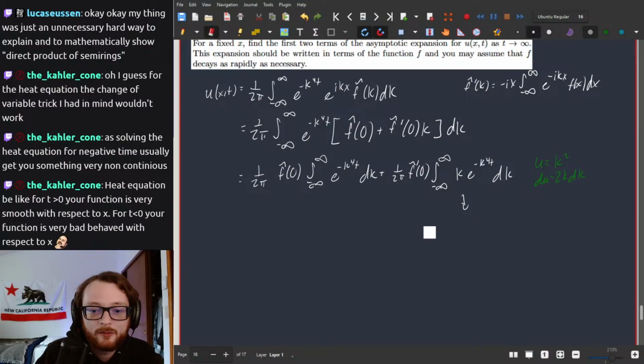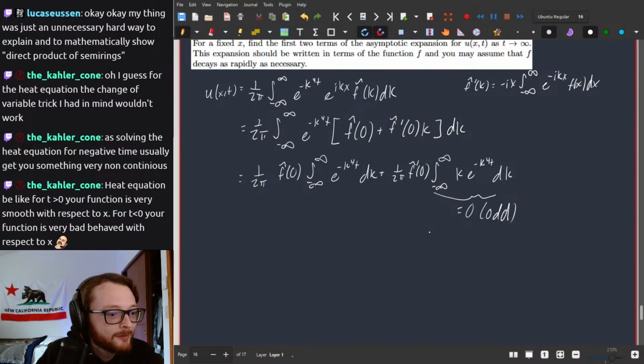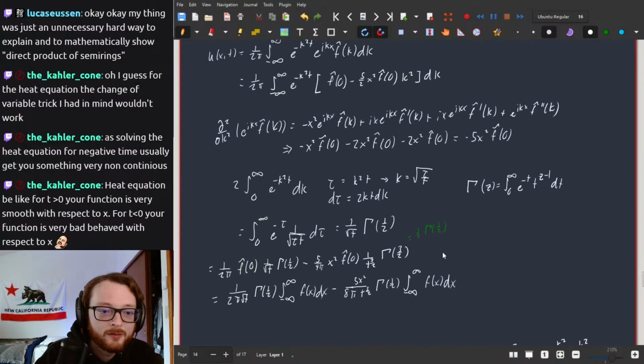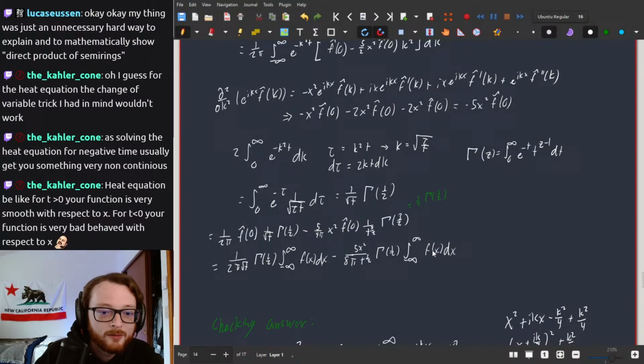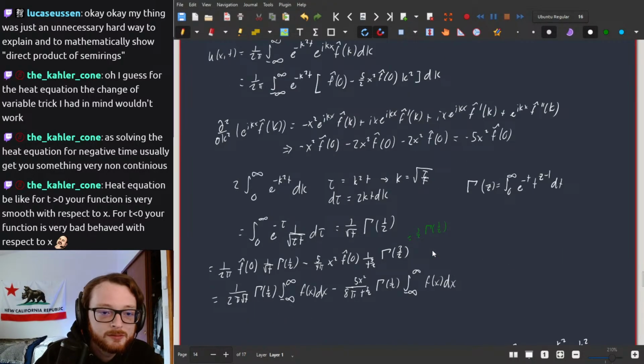I'm gonna work just on this integral on its own. Oh, wait. Oh, ew. No. This is an odd function. You, my friend, are 0. Right? That's probably what I did with the other one. No? Is it? That was even.